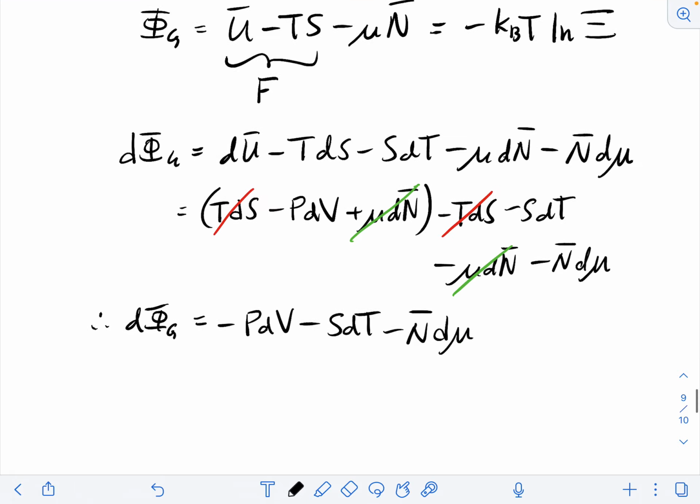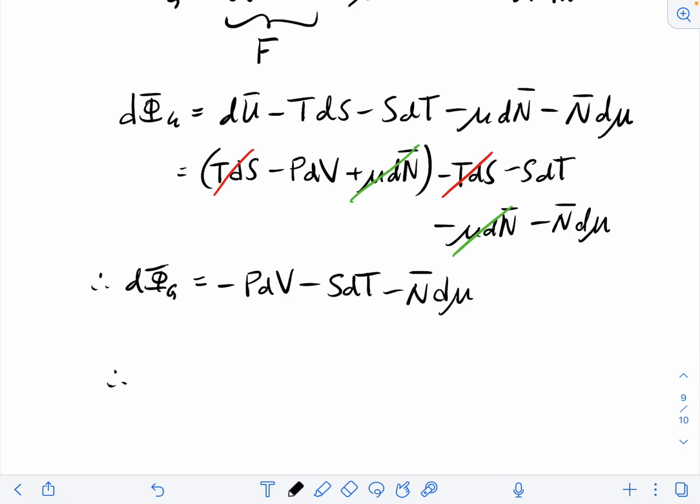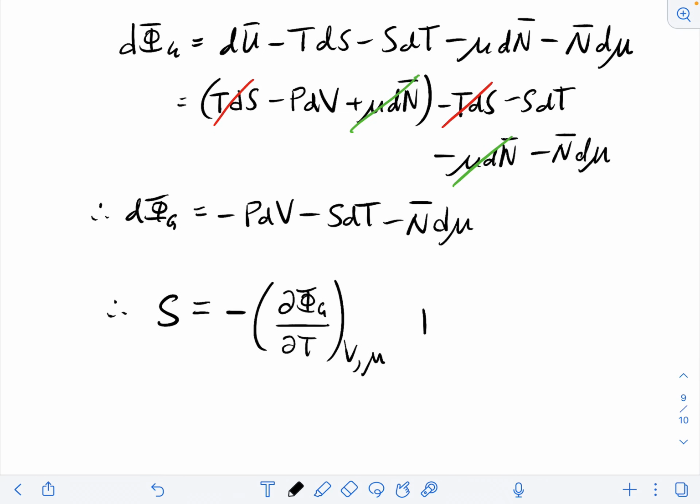Okay, so that means, let's see, entropy. If we keep volume and chemical potential fixed, then entropy is equal to minus d phi_g dT at constant V and mu. Pressure: if we keep T and mu fixed, then we get minus d phi_g dV at constant temperature and chemical potential.